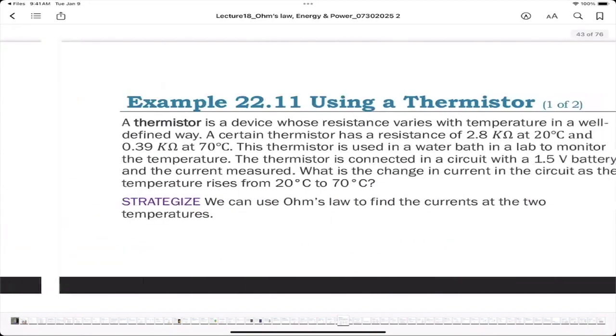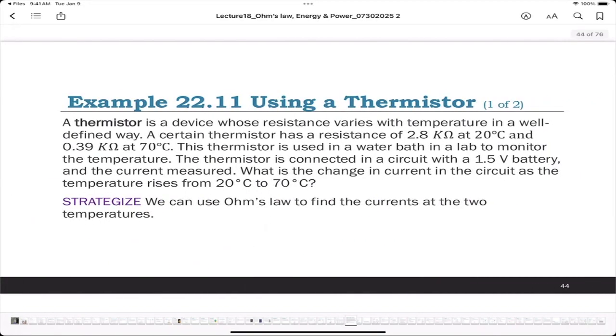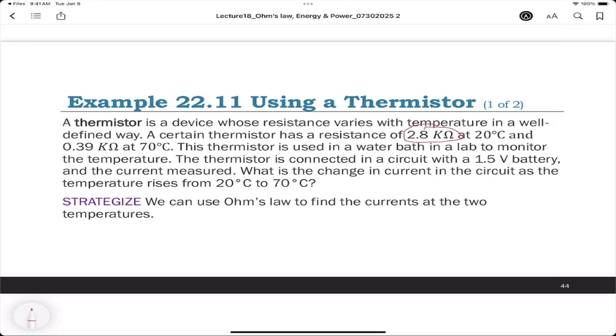Okay, let's continue to talk about this example using a thermistor. A thermistor is a device whose resistance varies with temperature in a well-defined way. A certain thermistor has a resistance of 2.8 k ohm at 20 degrees and 0.39 k ohm at 70 degrees. This thermistor is used in a water bath in a lab to monitor the temperature.